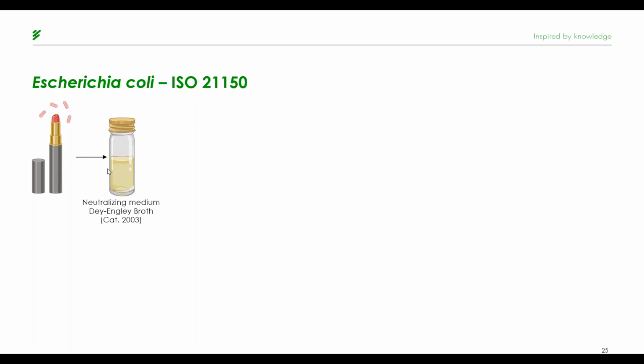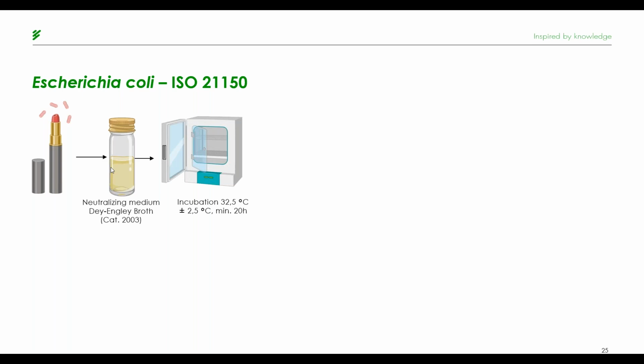So the analysis of E. coli is performed following the ISO standard 21150 and is done the following way. First of all, we take a gram or a milliliter of our cosmetic product, and we perform the same dilution in the same neutralizing medium as we've talked before.